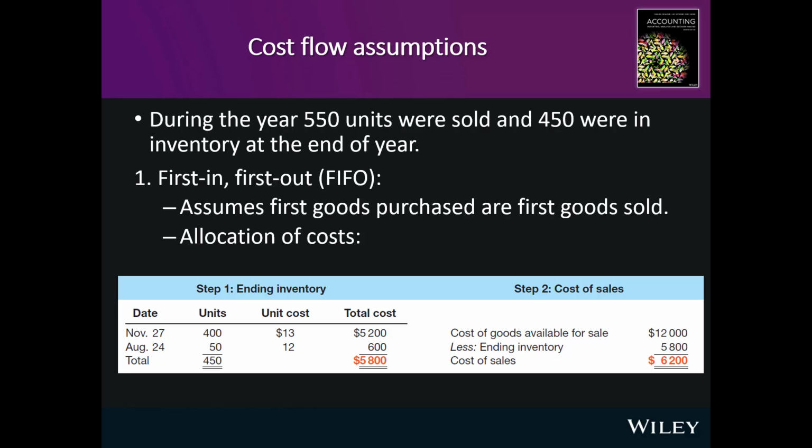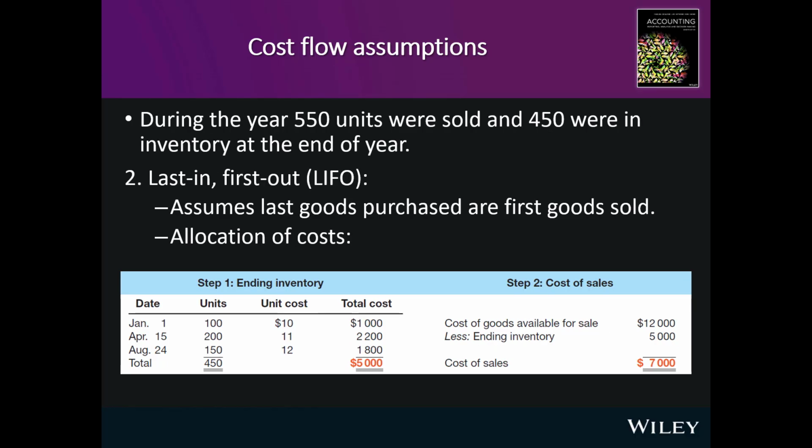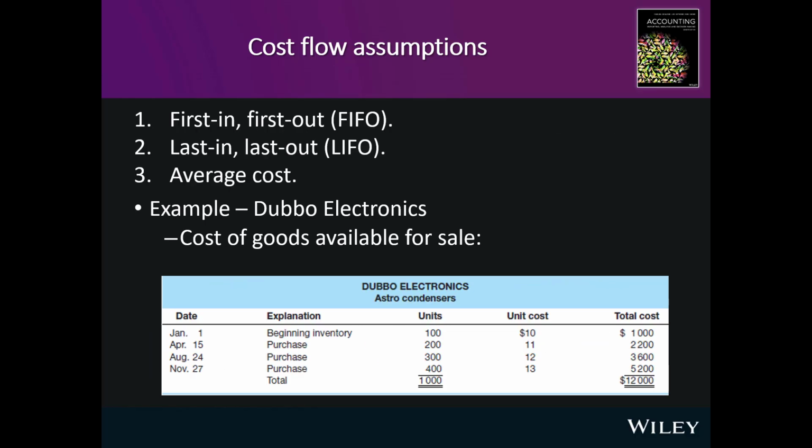For last in, first out, that's different. It will be opposite. So if we go back to that illustration, the first items that should go out will be the 400. So 400, and then you still have 150, right?